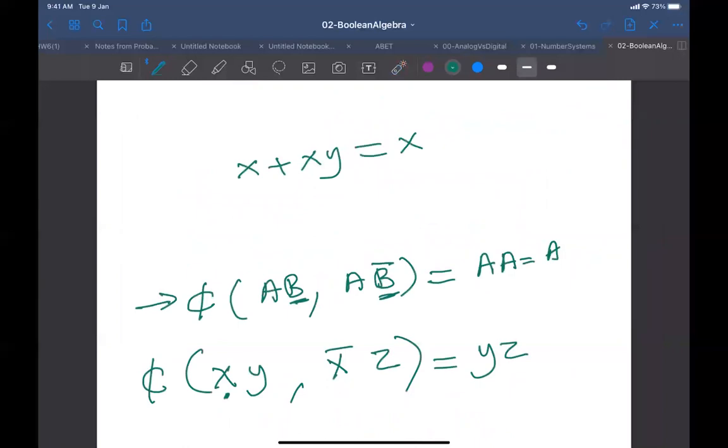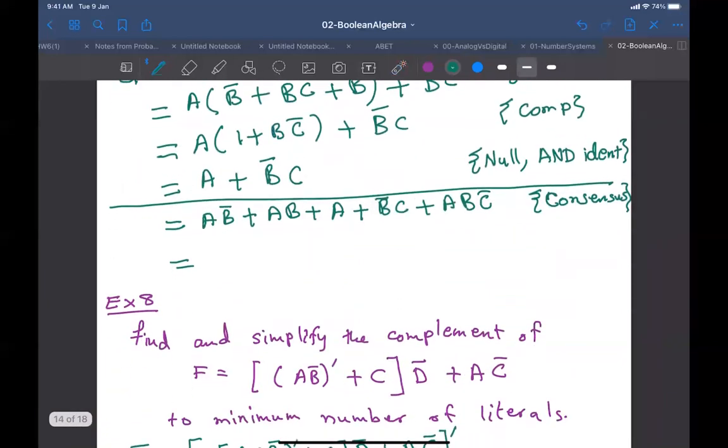Why? Because you can take x as a common factor here, and you get one ORed with y, and that equals x. So by absorption here, this is equal to A ORed with B complement C. Do you see now the beauty of the consensus theorem?